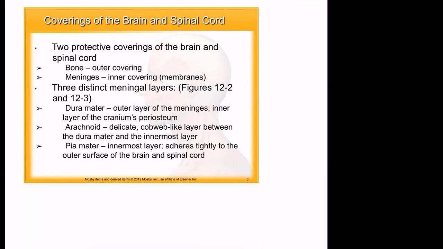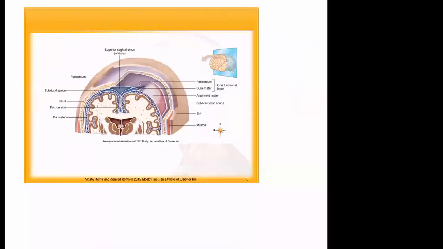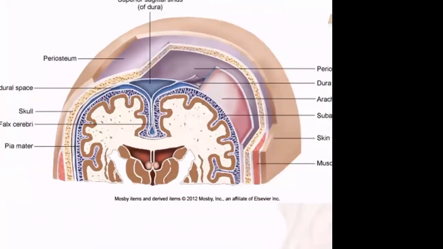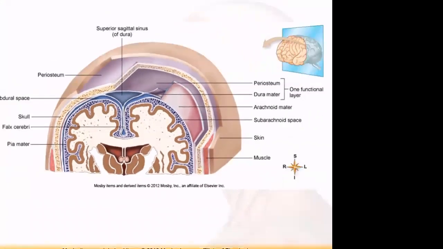Obviously, we have skull and bone, the vertebrae surrounding these things, but we also have these layers of membrane. And the layers of membrane are around the brain. The layers of membrane are around the spinal cord. The outermost and thickest layer is called the dura mater. The layer beneath that is called the arachnoid mater.